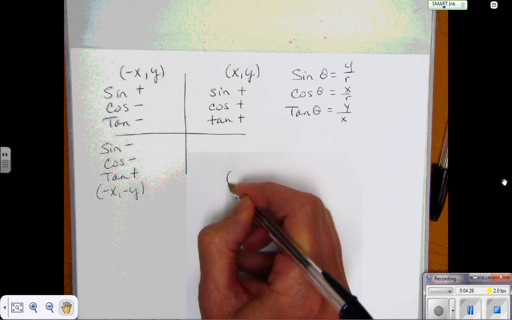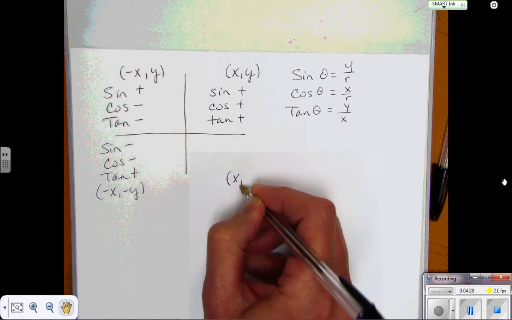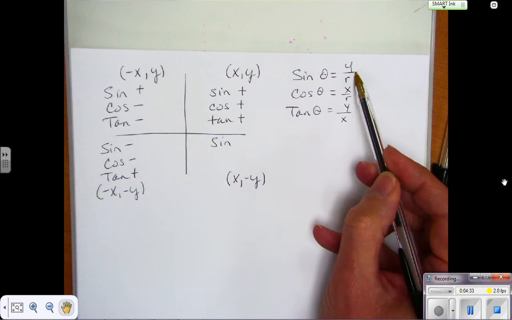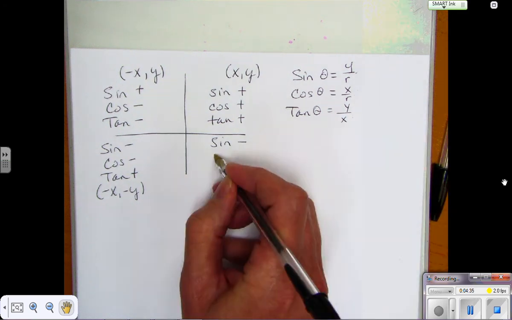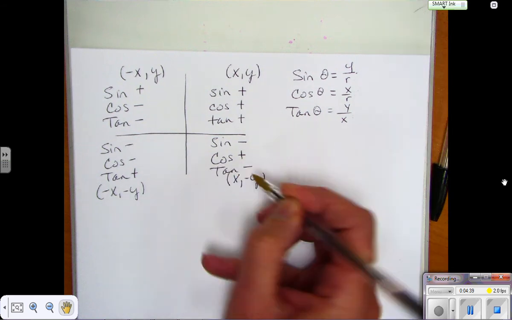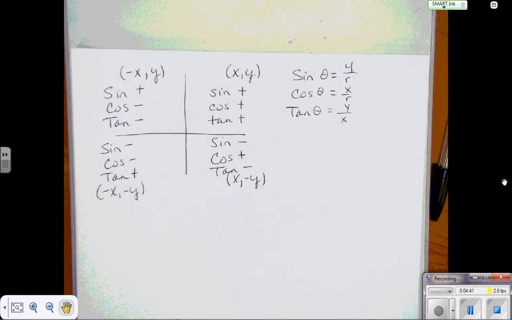And in the last quadrant, x is positive but y is negative. So sine is going to be negative because it has the y. Cosine positive, tan negative. We'll use this later in the lesson. That'll help you out a little bit. Okay, so moving on.